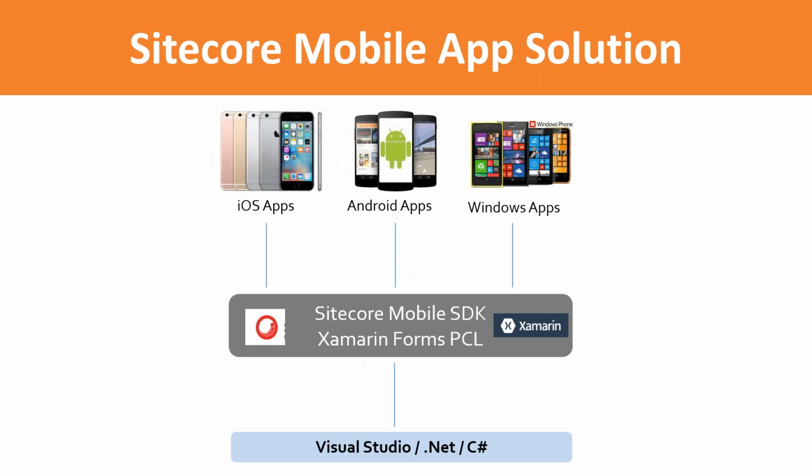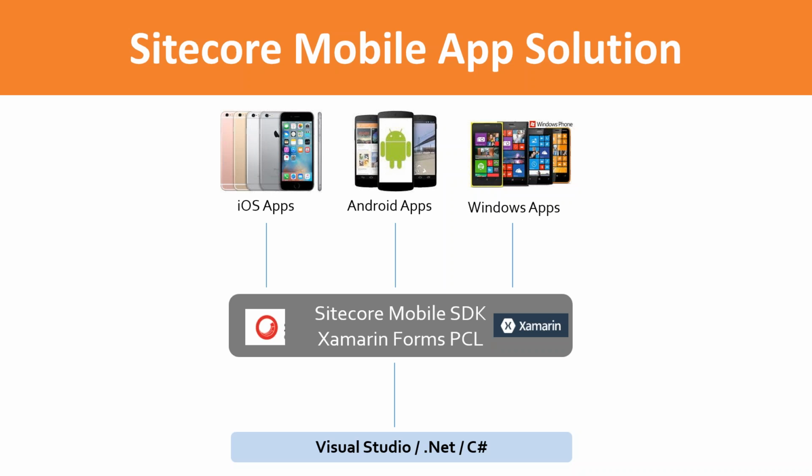Okay, so having seen how this overall solution works, I'll do a little deep dive into the solution at the app level and at the development level. So how it works is that you have a Sitecore mobile SDK provided by Sitecore, and you have Xamarin, which has portable class libraries.